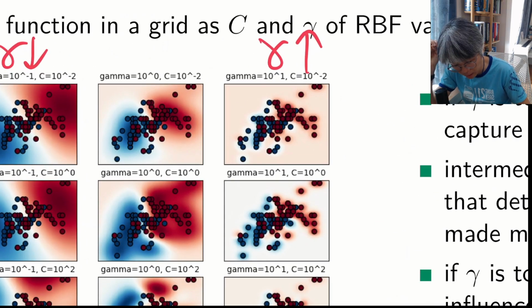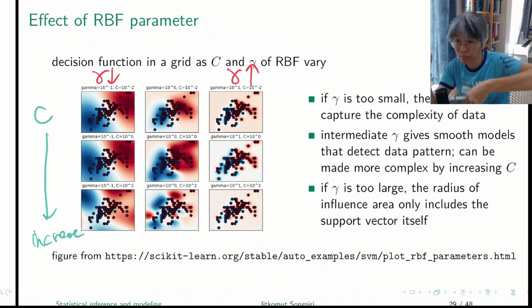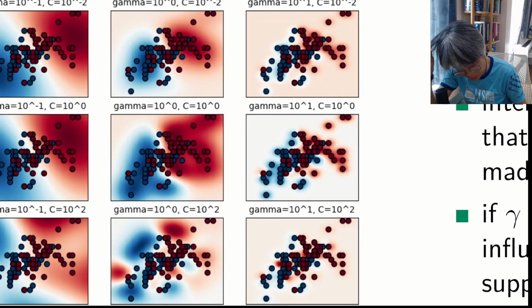If we take an intermediate value of gamma, what about we take a look at this direction? You have C, you increase C in this direction. If you just look at the graph, what happens?